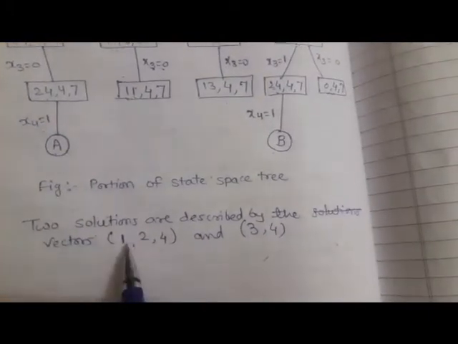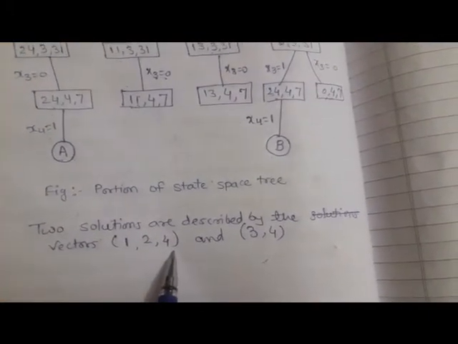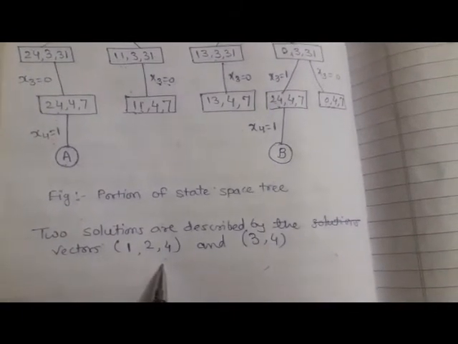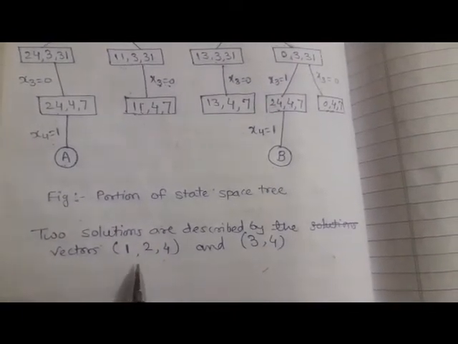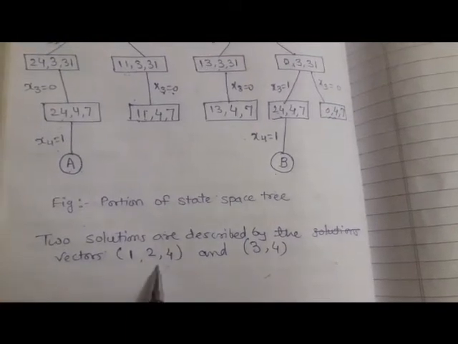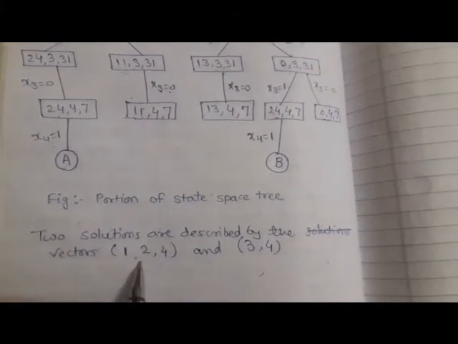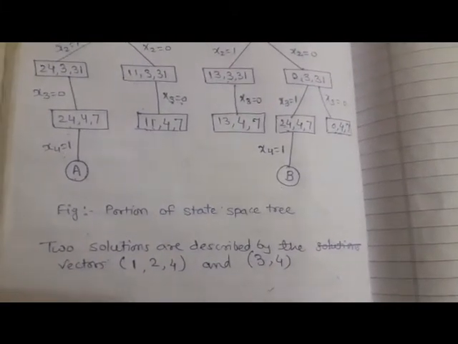For example, 1, 2, 4 and 1, 4, 2 remain the same. So we include only one subset, not multiple instances of the same subset. So these will be our two solutions.